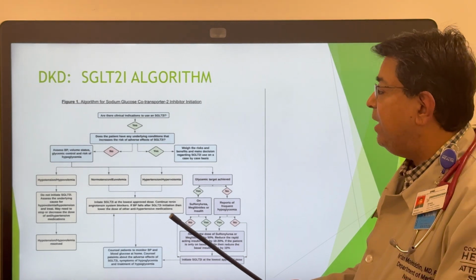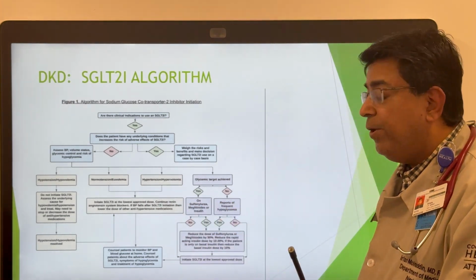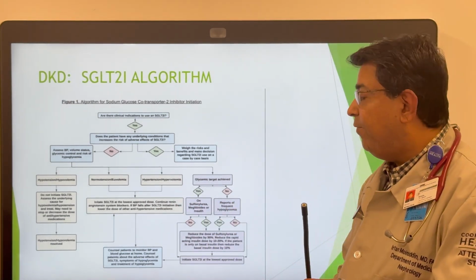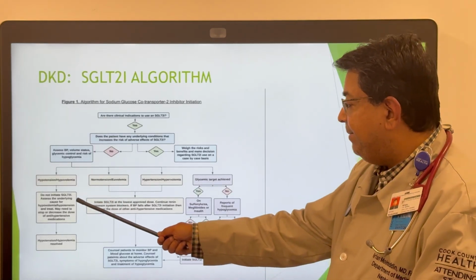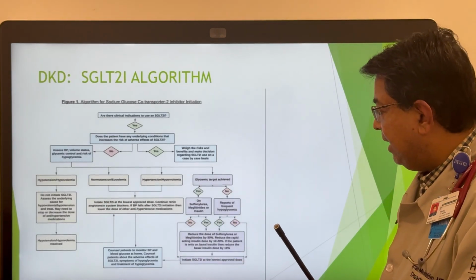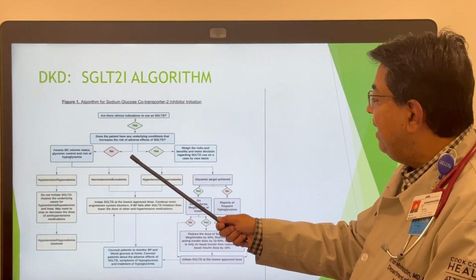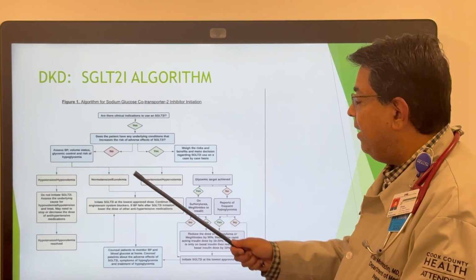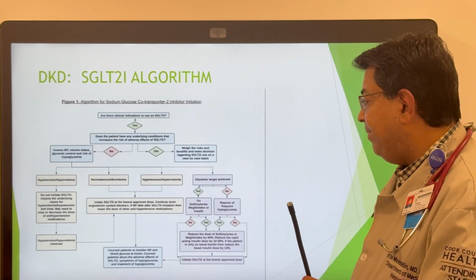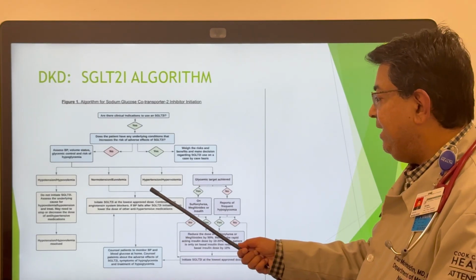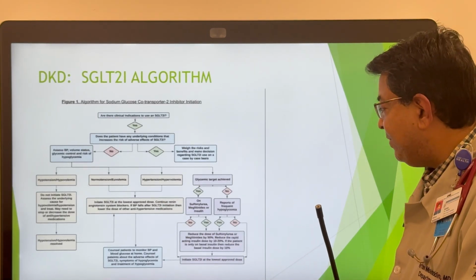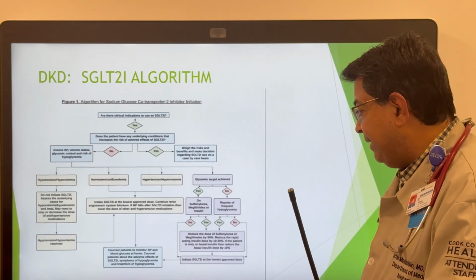So if your patient already has hypotension, or you think the patient at that stage is hypovolemic, then you should not initiate SGLT2 inhibitors. If you're normotensive or hypertensive or euvolemic or hypervolemic, then you should initiate SGLT2 inhibitor at the lowest dose and up titrate as tolerated.